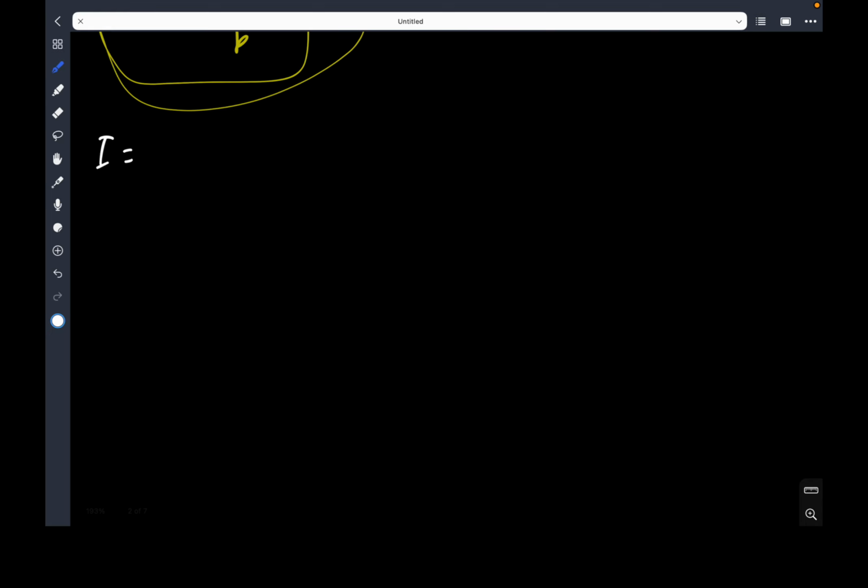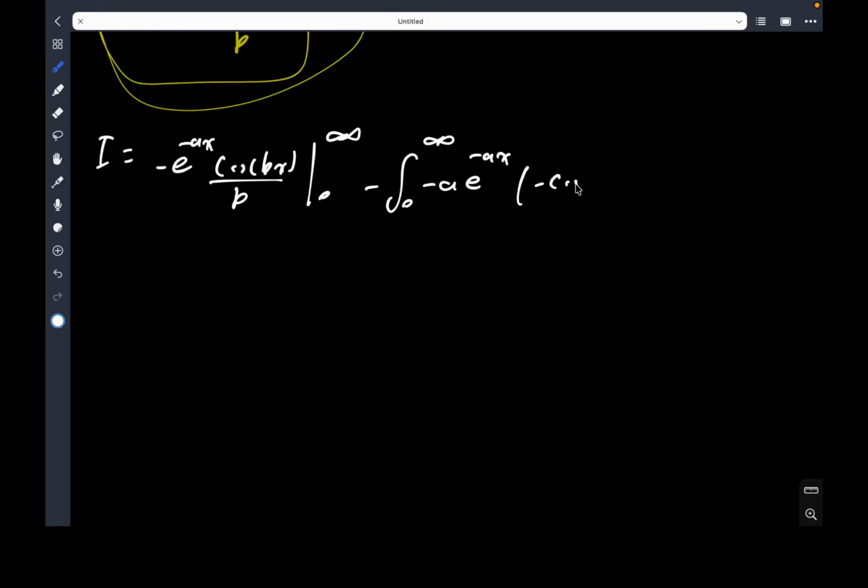I is going to be negative e to the negative ax cosine bx over b, the integral from 0 to infinity, minus the integral from 0 to infinity of negative a e to the negative ax times negative cosine bx over b dx. And obviously these two negatives are going to cancel out.